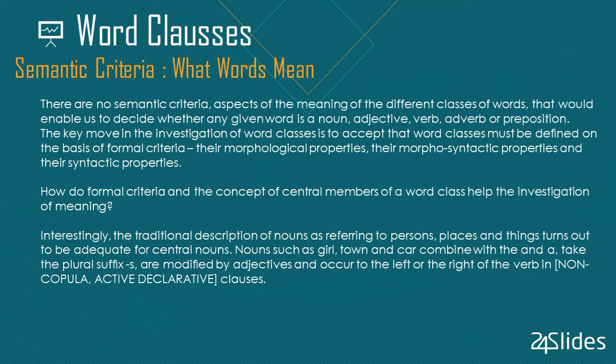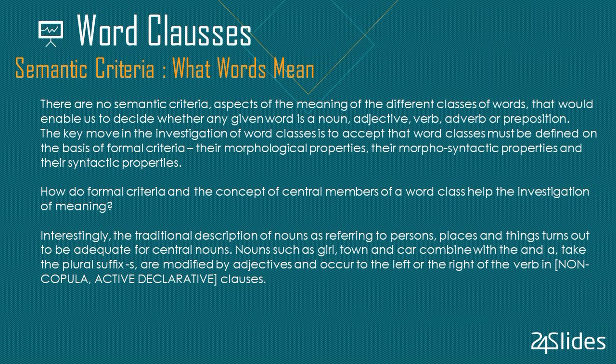The next: semantic criteria. What do they mean? There are no semantic criteria, aspects of the meaning of the different classes of words, that would enable us to decide whether any given word is a noun, adjective, verb, adverb, or preposition.